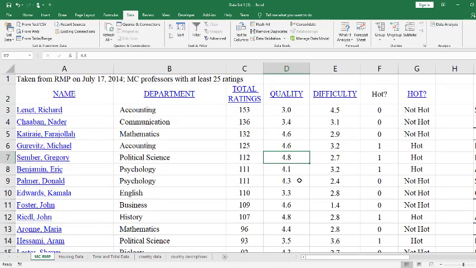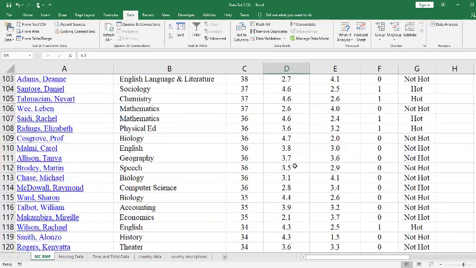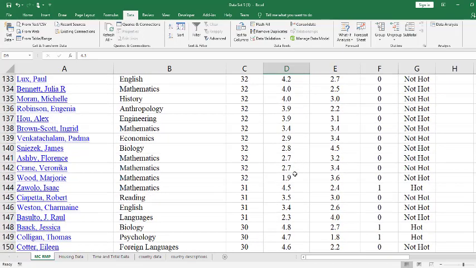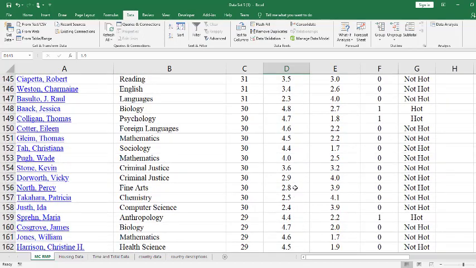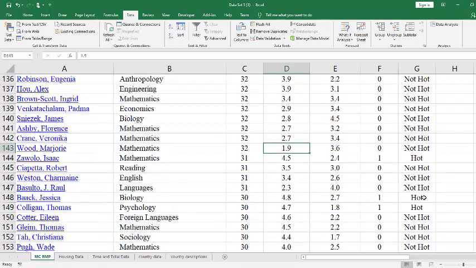Maybe somebody has a really high quality rating, but given how hard they are or how easy they are, that quality rating isn't that high. Meanwhile, someone might have a really low quality rating, but maybe given how difficult they are, it's not actually that low.